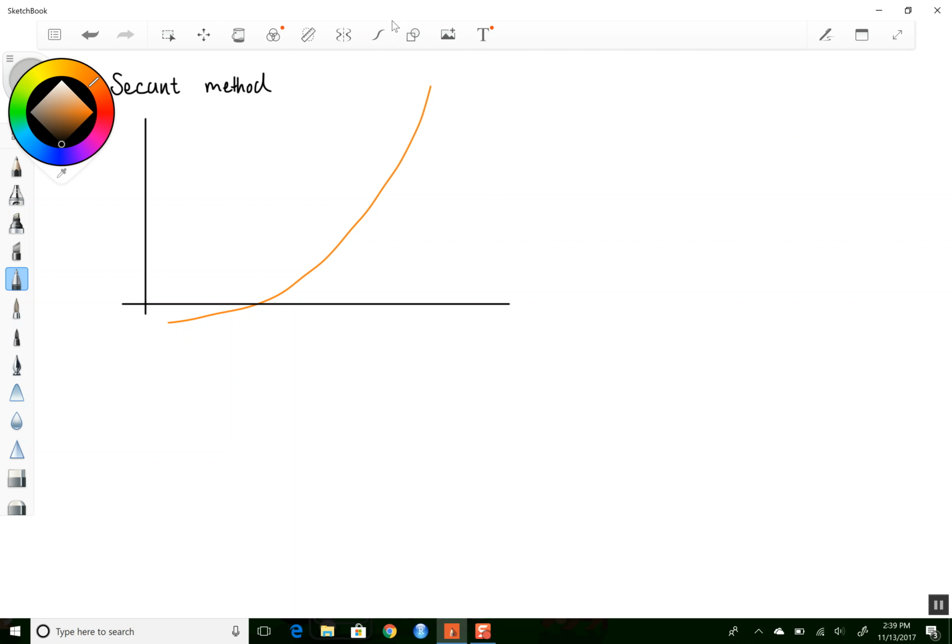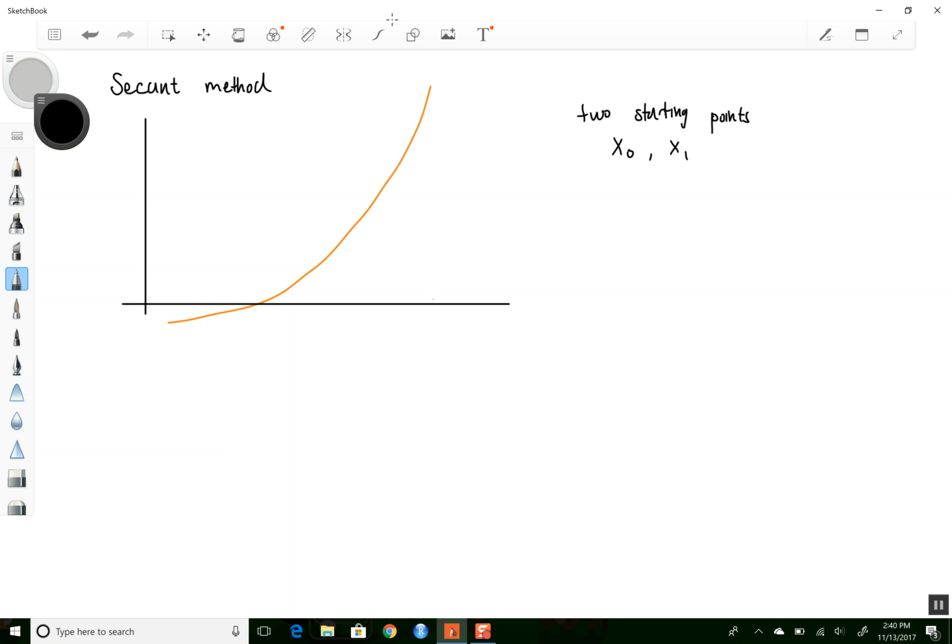The secant method is similar to Newton-Raphson, except you need 2 starting points. So you'll have an x0 and an x1.